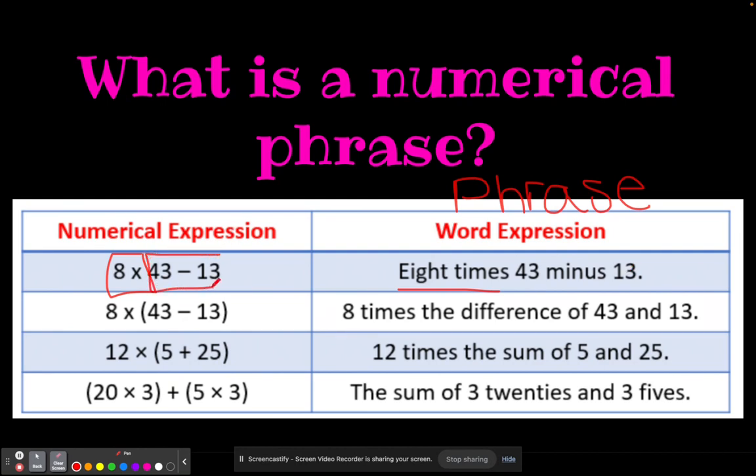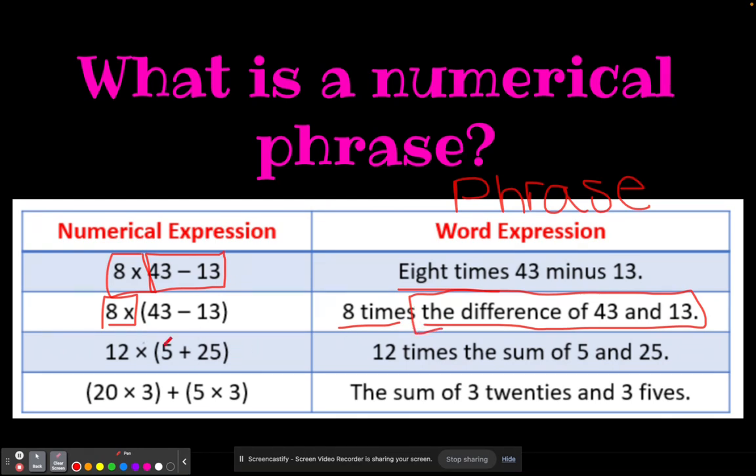There are other ways to write it. We could say 8 times, right? We still see the 8 times. But instead of saying 43 minus 13, we're going to say the difference of 43 and 13. That means the exact same thing. It's just a different way of saying it, right?